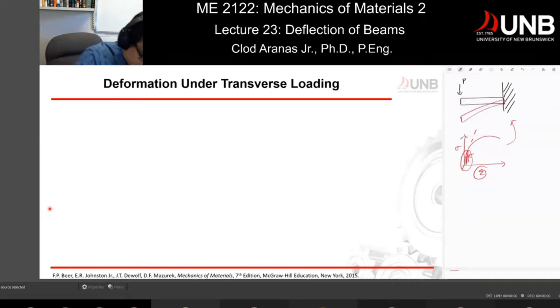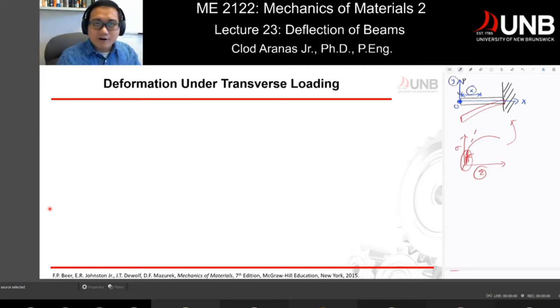In beam deflection, we can first define our reference axes. Let's say that's Y, and that would be our X axis, and this would be our zero point. That's our reference point, from zero to a certain value of X. Now, if this is Y and this is X, and our beam deflects down, we have a change of dimension along Y. That's what we call deflection Y, which we're going to talk about later.